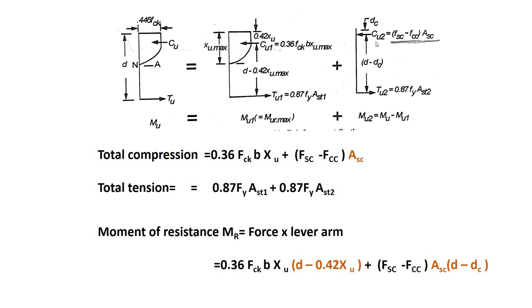That is the total depth minus dc, that is the depth of the cover, right? So d minus dc is the lever arm over here, right? So force into lever arm of this balanced section plus force into lever arm of this imaginary section is the total moment of resistance of the doubly reinforced section.